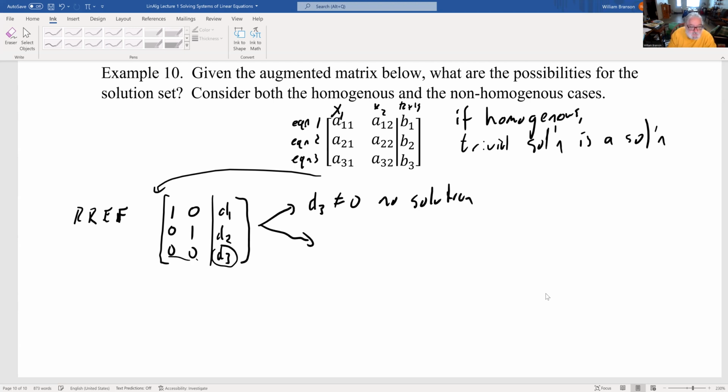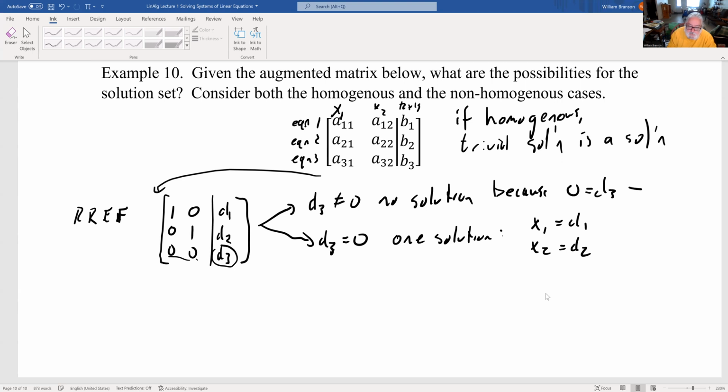And if D3 does equal 0, then we end up with one solution. And that's x1 equals D1, x2 equals D2. Two arrows bonking into each other like that is a sign for a contradiction. So 0 equals D3. If D3 is not 0, that's just not possible.